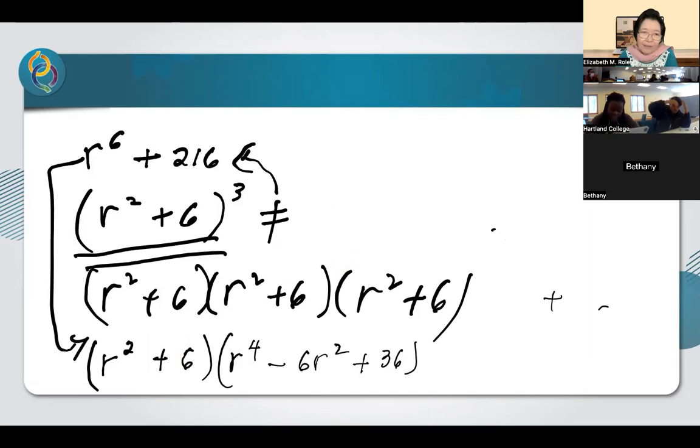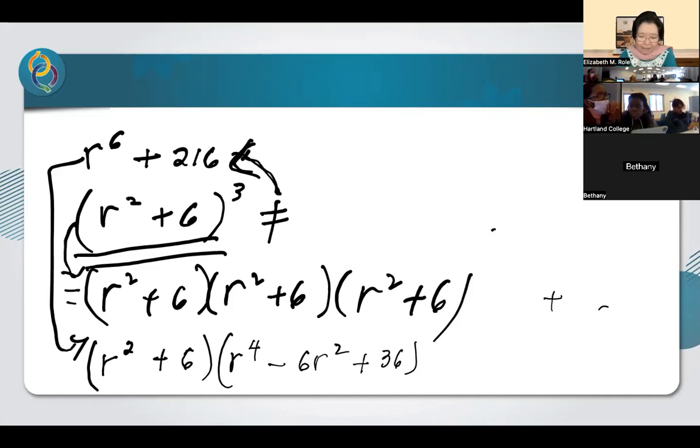Rather, r squared plus 6 quantity cubed would be equal to r squared plus 6 times r squared plus 6 times r squared plus 6. There. So this one is equal to this, but not equal to that one.